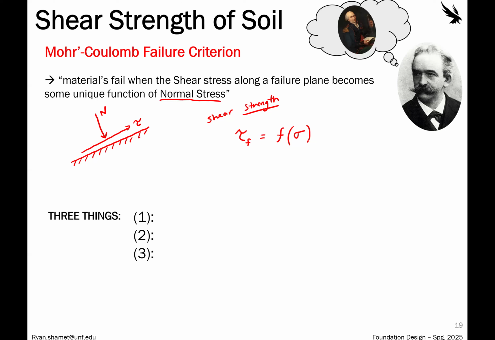So this is one of the most confusing parts: the shear stress at failure is considered the material's shear strength.